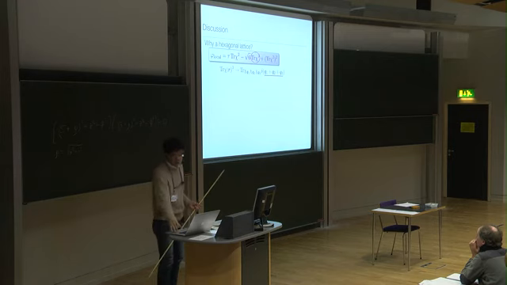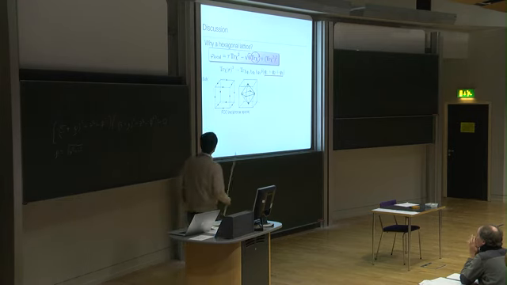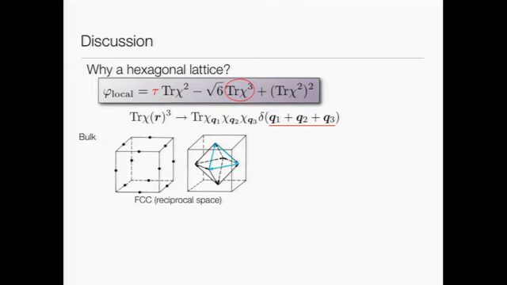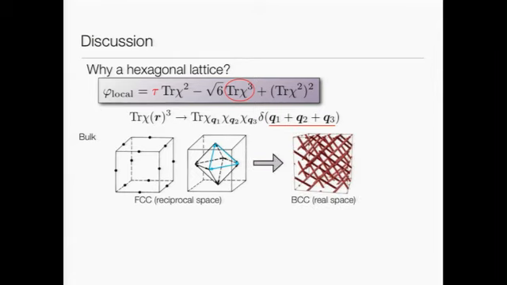In the bulk, it is well known that for the number of these combinations of wave numbers to be maximal, the face-centered cubic structure in the reciprocal space is preferred, and in real space this is body-centered cubic, and this is the structure of phase 1, possessing the symmetry of body-centered cubic.